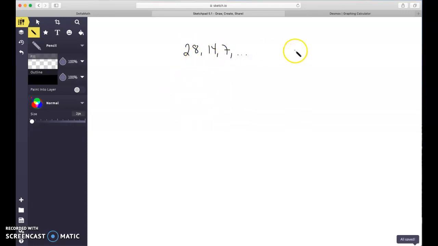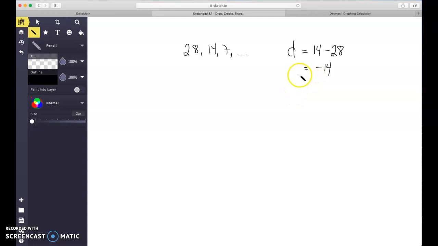So I suspect it's arithmetic, which means I'm looking for my common difference. So I'm going to do 14 minus 28, and that gives me -14. Oh, that didn't work.